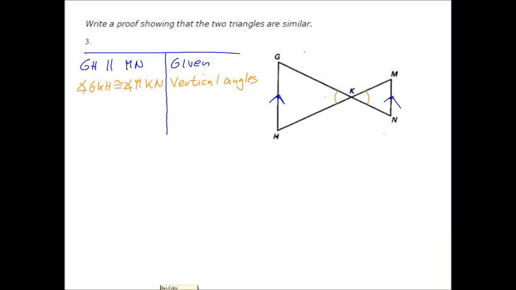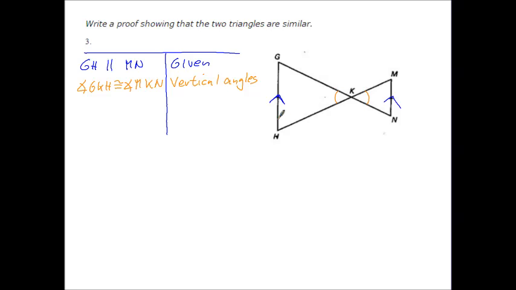Now what else can we see? Remember, whenever we have parallel lines, we should automatically look for transversals and look for special angle relationships. We have two parallel lines with actually two transversals, and you can pick either one of them.